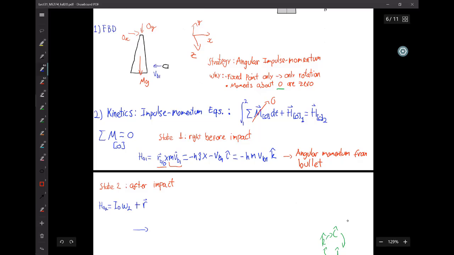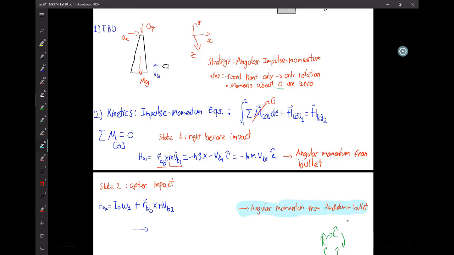So that bullet still carries some angular momentum, right? Now the good thing is that, so this is important, don't forget that the bullet is embedded.